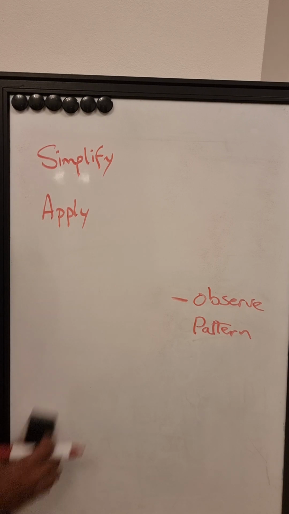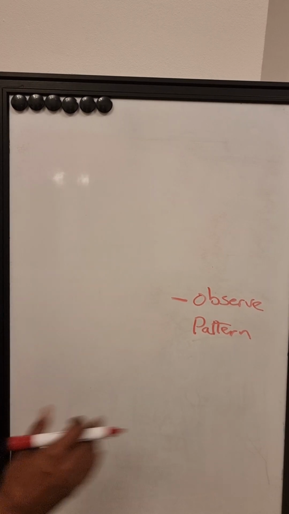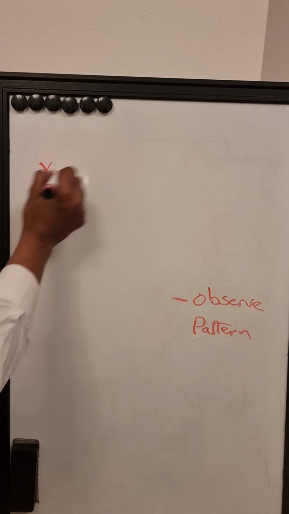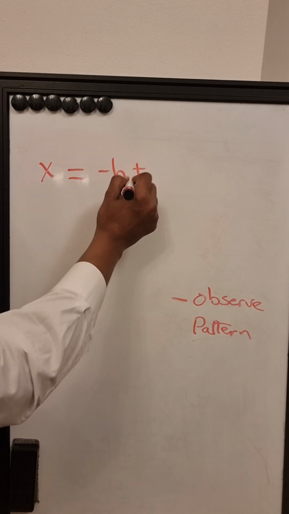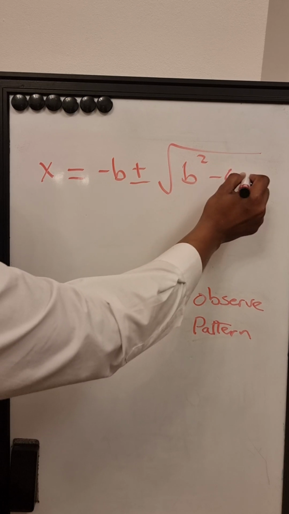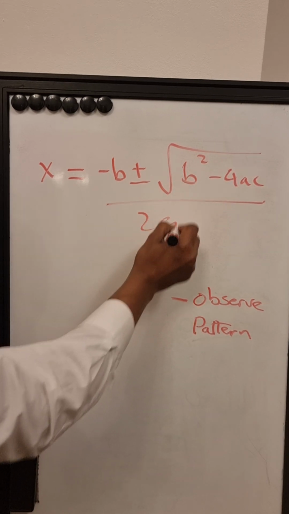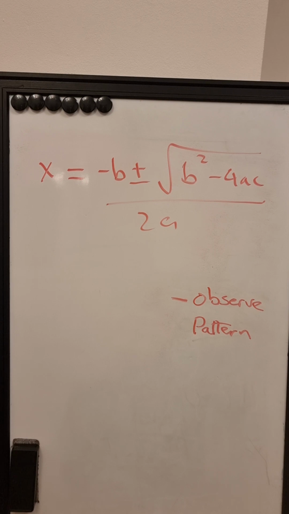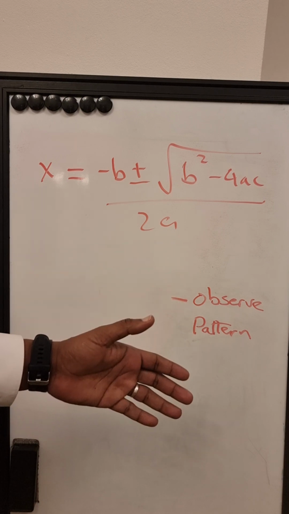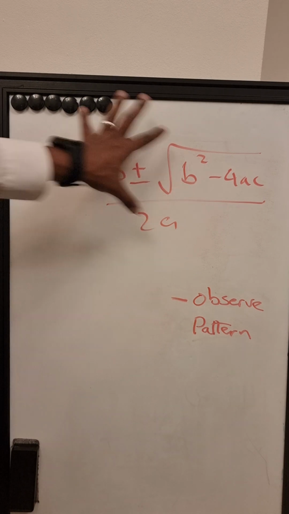Just a final example before I finish this video. Some people would see x equals minus b plus or minus square root of b squared minus 4ac over 2a and say, what's that? That's rubbish. Or some students would just memorize that rule and apply it in the exam without even knowing what that is.